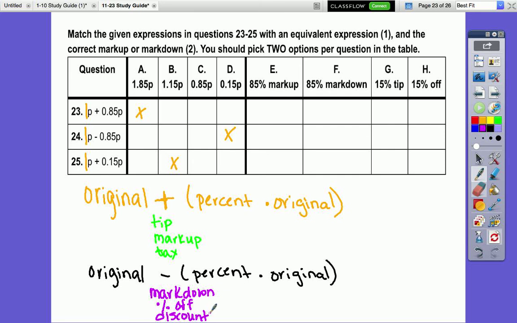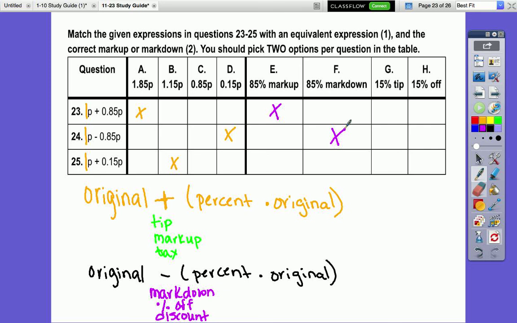So we have an 85%. A plus tells us it's going to be a markup, tip, or tax. We have a plus 85% of a number. So the only thing that it could be, we're dealing with 85, it's not a markdown because we're adding. So that would be an 85% markup. Our next one is minus 85%. So we're knowing we're not dealing with 15% tip or 15% off. If we're subtracting 85% of a number, that's going to be a markdown.